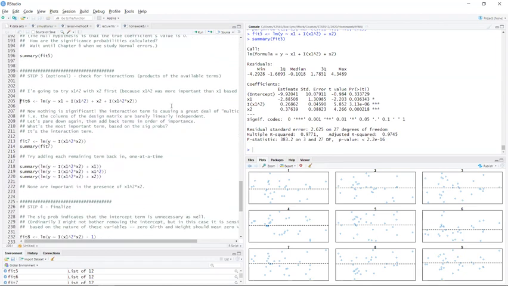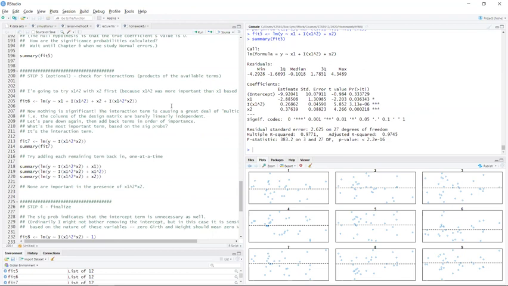Okay, so there's an optional step here of checking for interactions. Well, there are all sorts of ways that your variables could interact, so we're not checking exhaustively. We're just going to try to look at products of our terms.